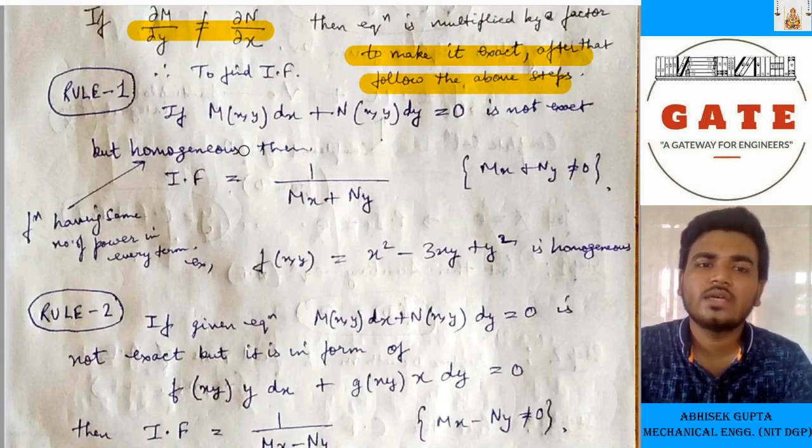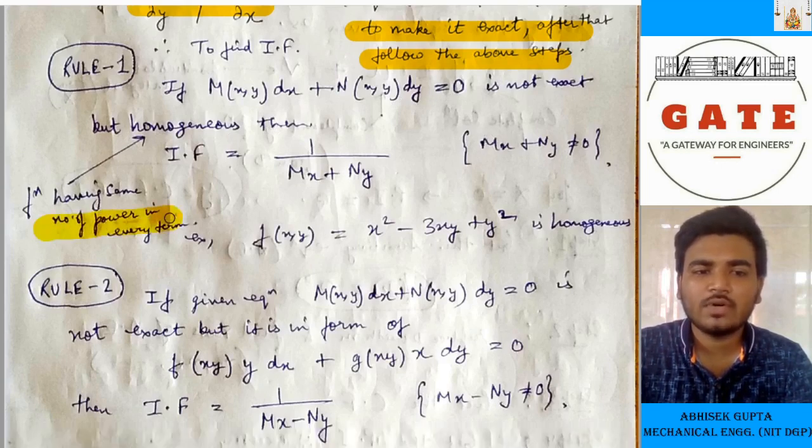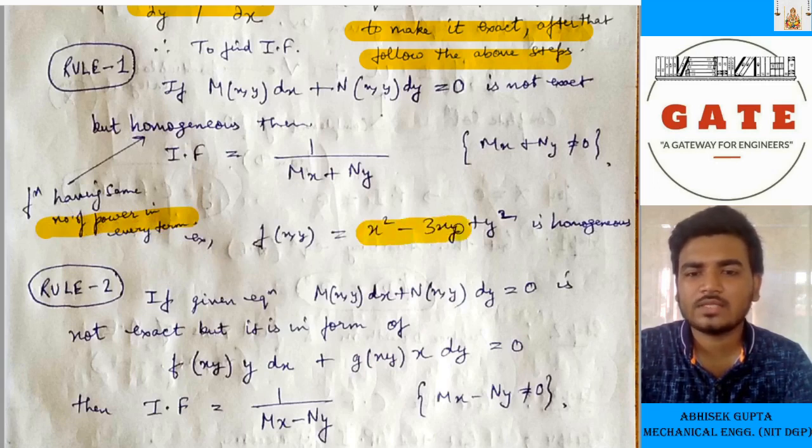Rule 1: if M dx plus N dy equals 0 is not exact but homogeneous. Homogeneous means the total power in every term is the same. For example, f(x, y) equals x square minus 3xy plus y square is homogeneous.